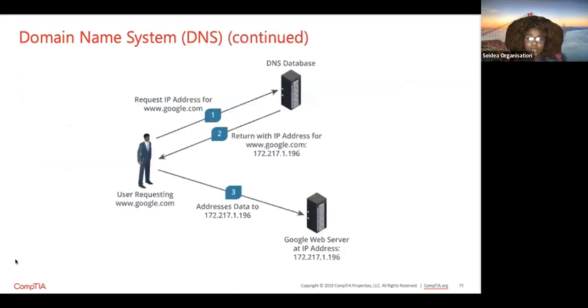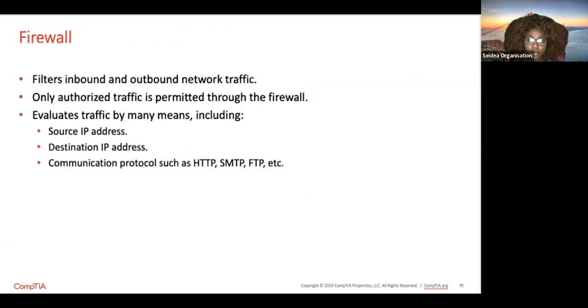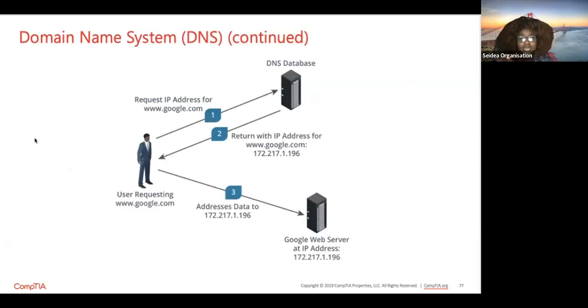Now, the final one that we're going to look at is firewall. But I think this is a good way to think about DNS before we go into firewall, which is the next one. With DNS, the user is requesting an IP address. So the user wants to go to google.com. When the user types that in the URL, it goes to the DNS database.